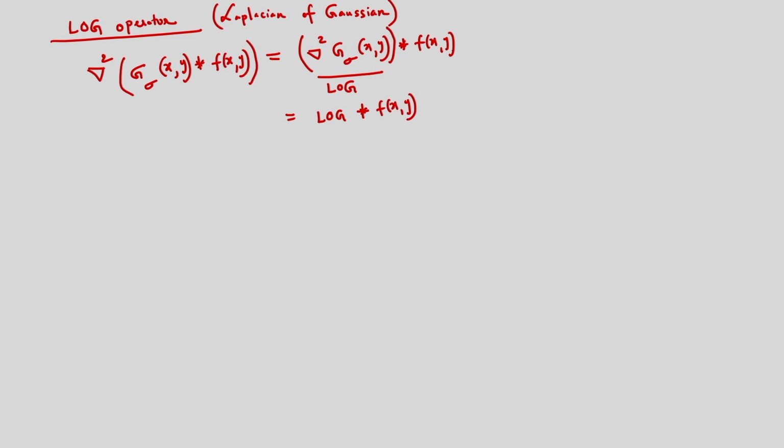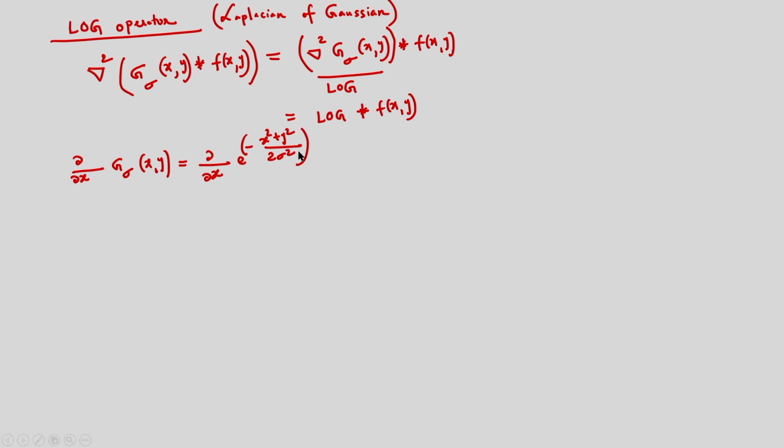So what is actually the LoG operator? I can determine it. Suppose I take the first order differentiation of the Gaussian function g sigma x y along the x direction, with e to the power minus x square plus y square over 2 sigma square.